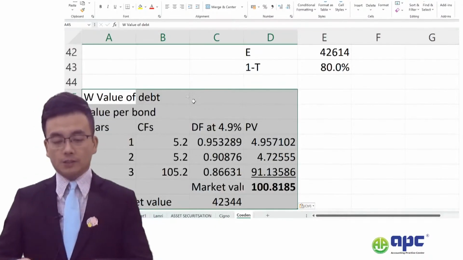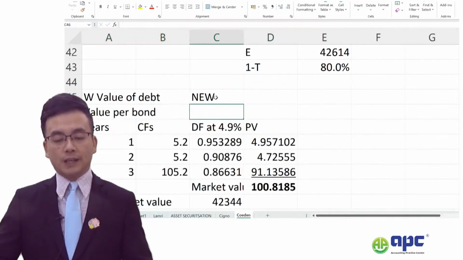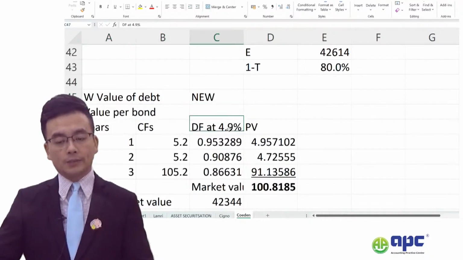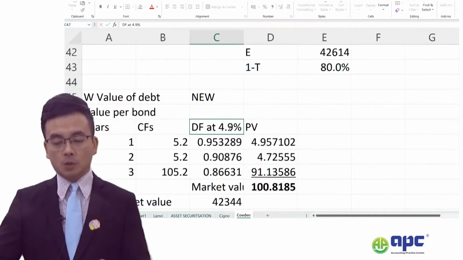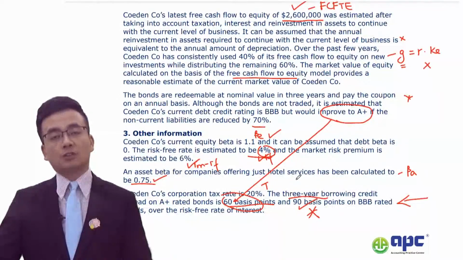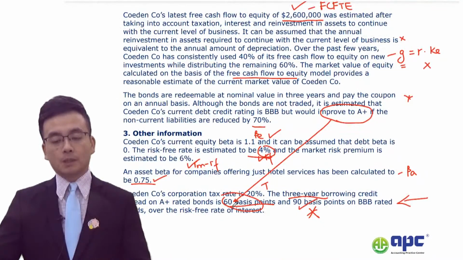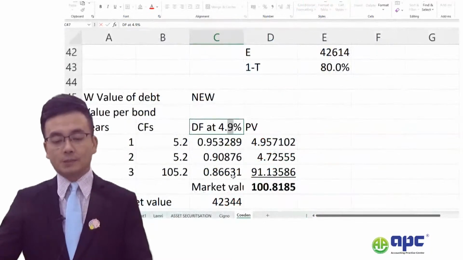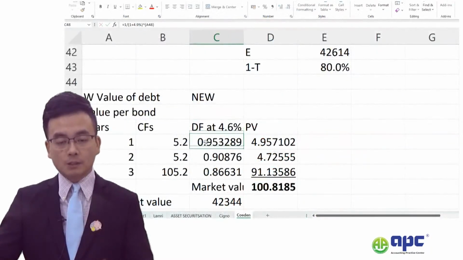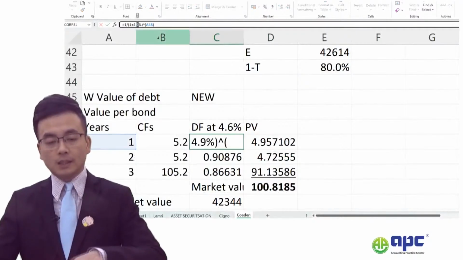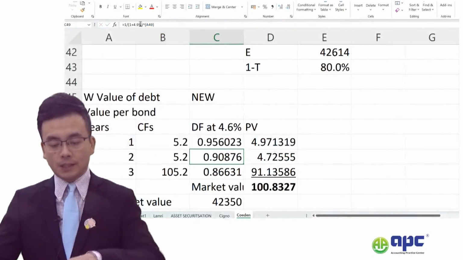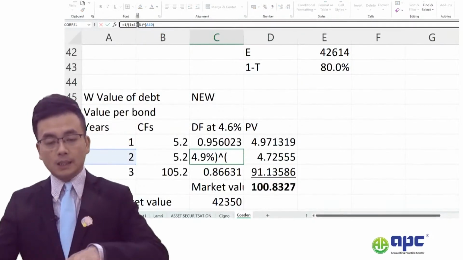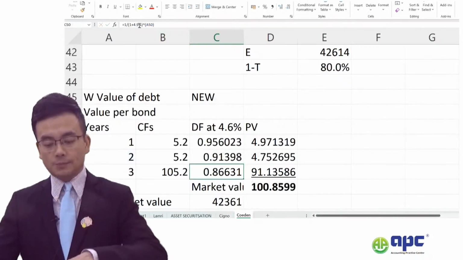So you can calculate the value of the new debt. It's not at 4.9% anymore because now the spread is just 60 basis points. So risk-free rate plus 60 basis points being 4.6%. So here, 4.6% and 4.6% and 4.6%.